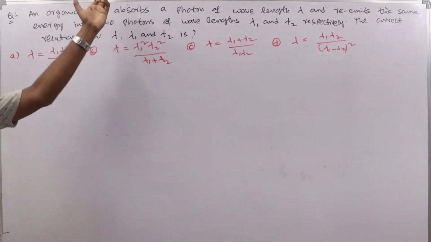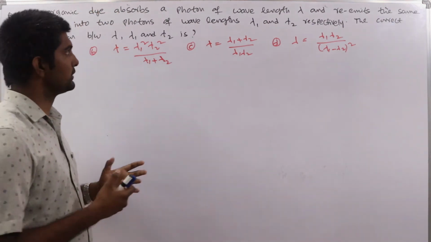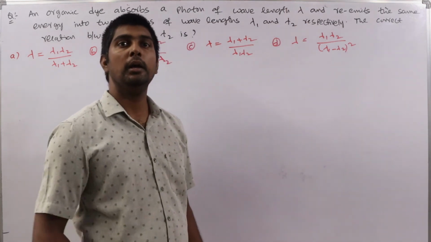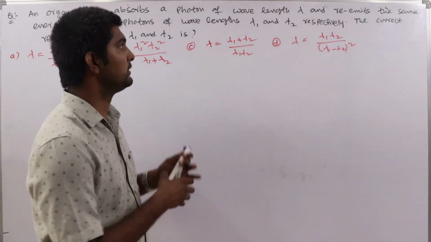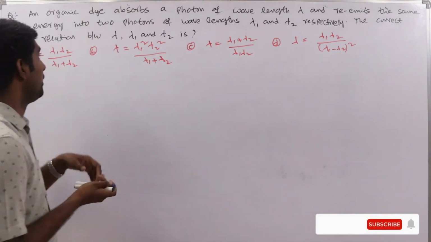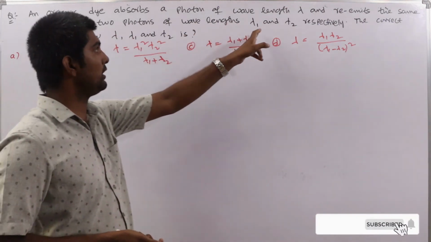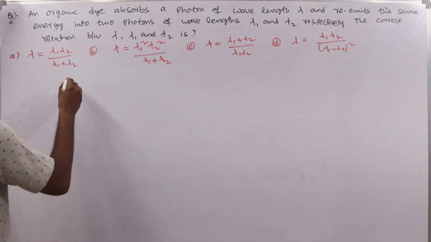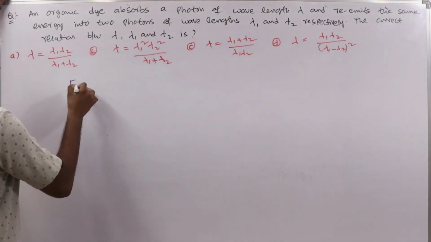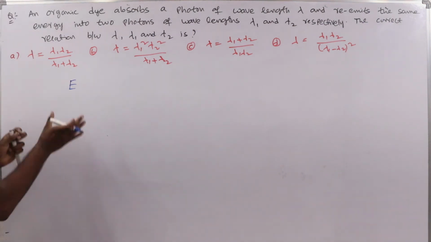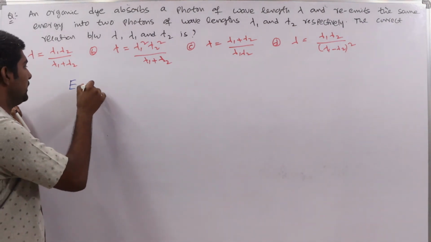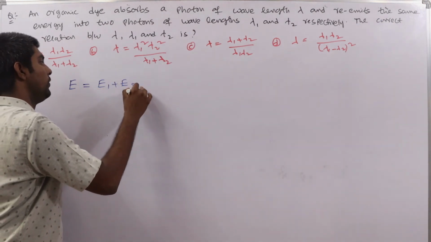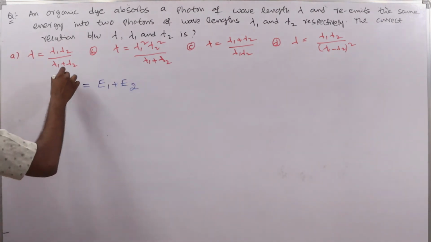What they have given is that an organic dye, one substance, is absorbing a photon with wavelength lambda, and re-emitting the same energy in the form of two photons with wavelengths lambda 1 and lambda 2. So first the dye absorbs some energy and this is re-emitted as two photons. Simple.